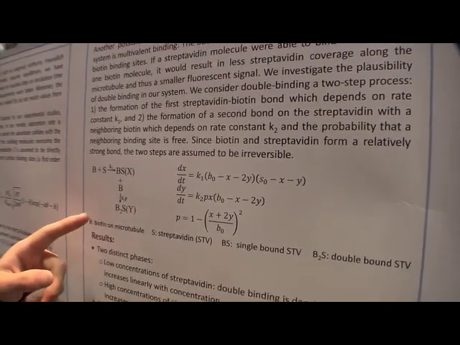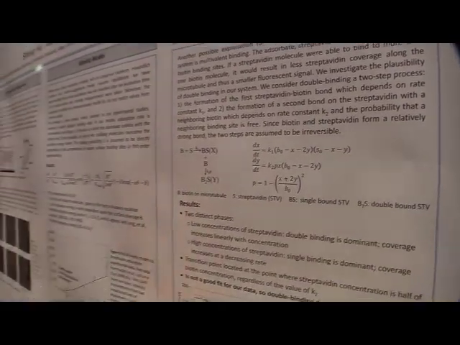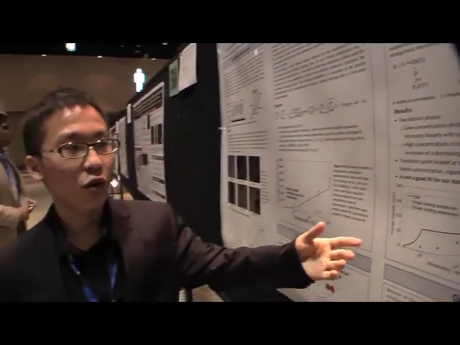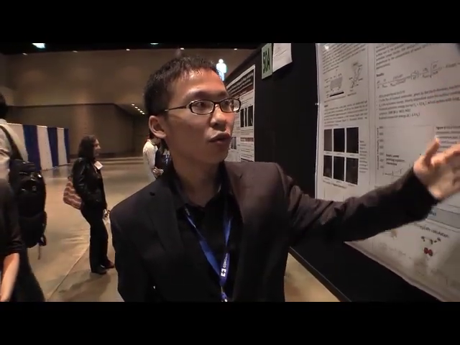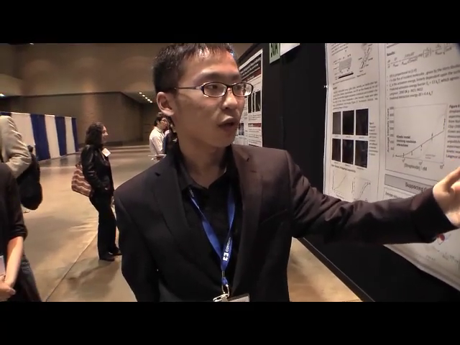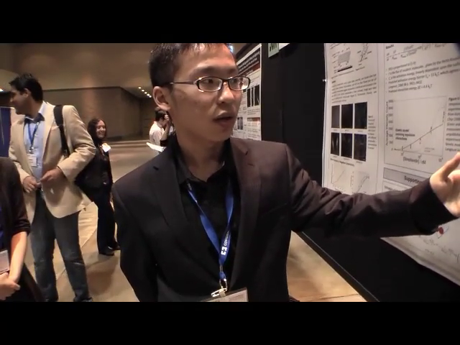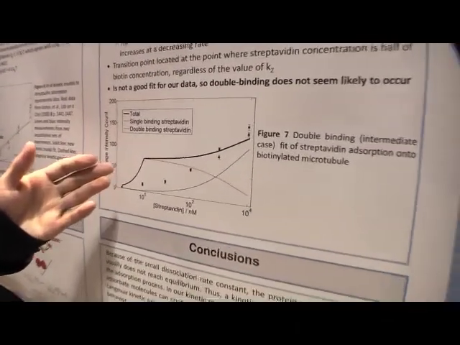The kinetic rate depends on the probability that the neighboring site is not occupied. We solved these chemical equations and got this figure. We can see the process is divided into 2 phases.